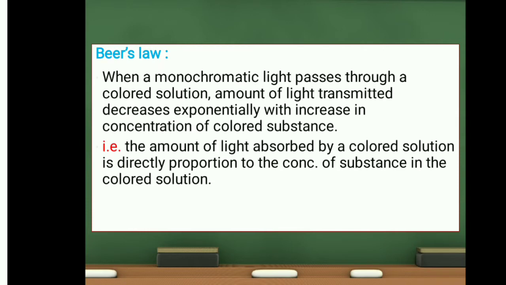In Beer's law, when a monochromatic light passes through a colored solution, the amount of light transmitted decreases exponentially with increase in concentration of colored substance. That is, the amount of the light absorbed by a colored solution is directly proportional to the concentration of substance in the colored solution.